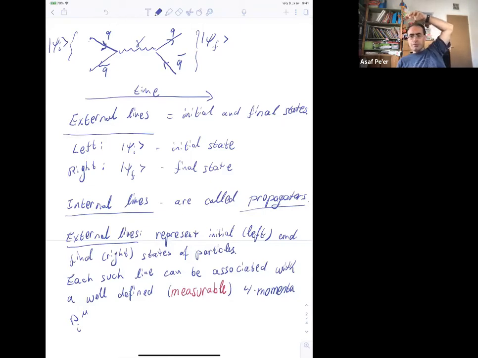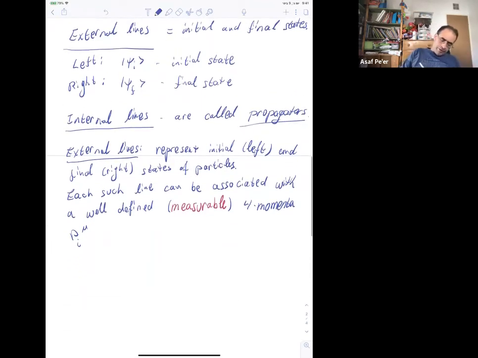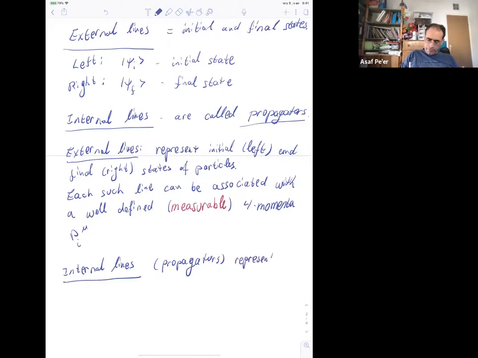This is not measurable. Okay, so internal lines, the propagators, represent virtual particles or intermediate states.